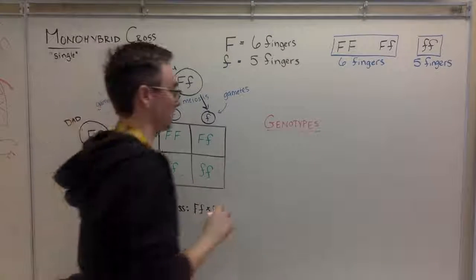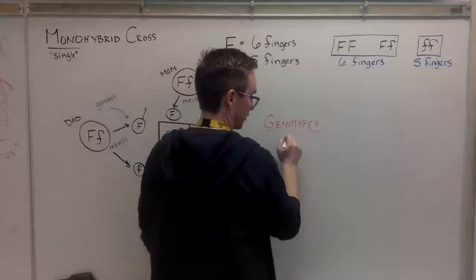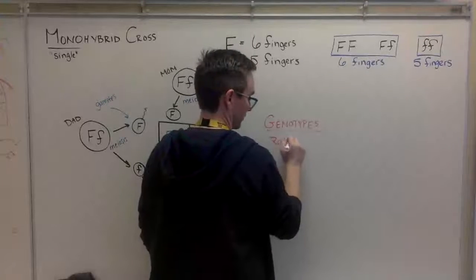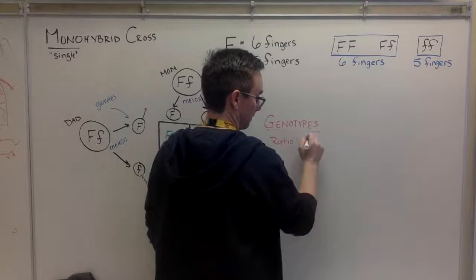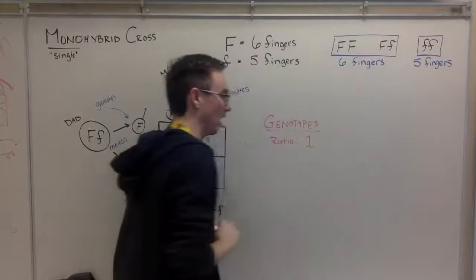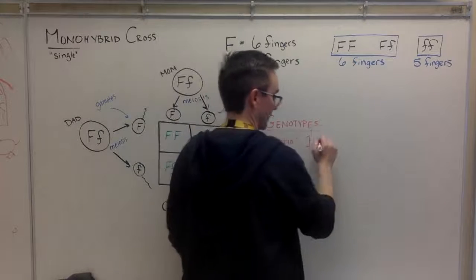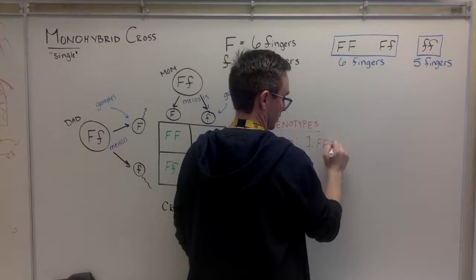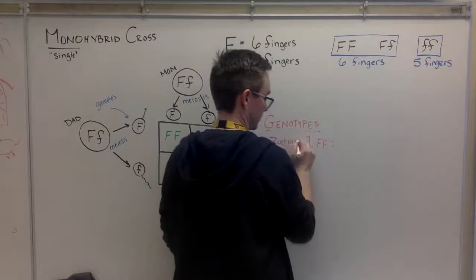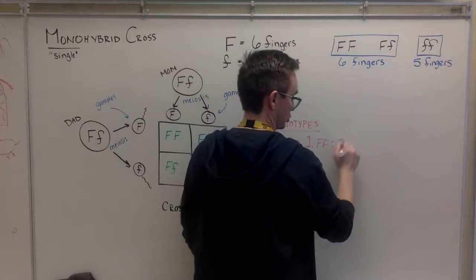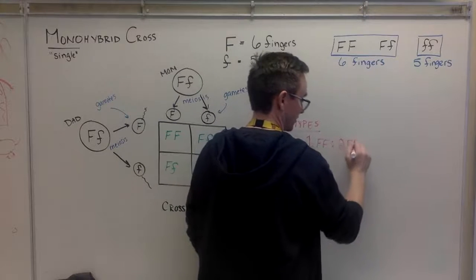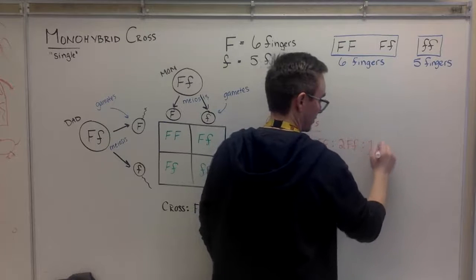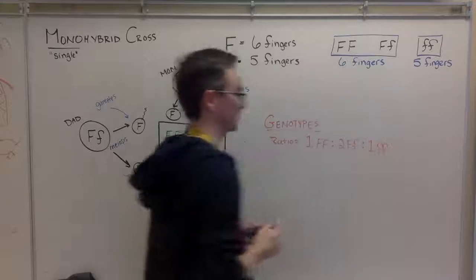So out of this one here, I had a ratio of 1 homozygous dominant to 2 heterozygous to 1 homozygous recessive.